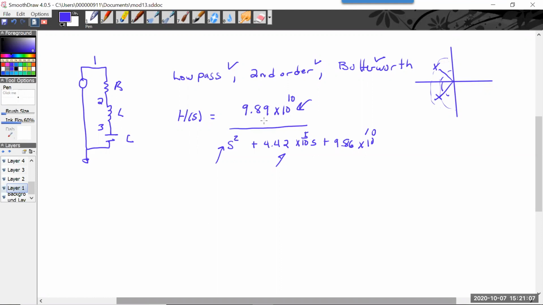Now, let's derive this, V3 over V1, right? It's just voltage division: ZC over ZR plus ZL plus ZC, where ZC is 1 over SC.